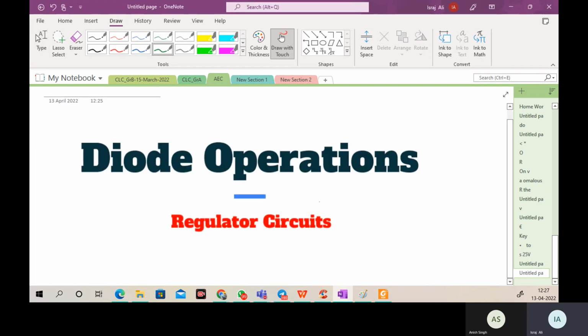What do you think about the regulator circuit? Any idea? Any idea what you think about the regulator circuit? Which component are we expecting for the regulator circuit?